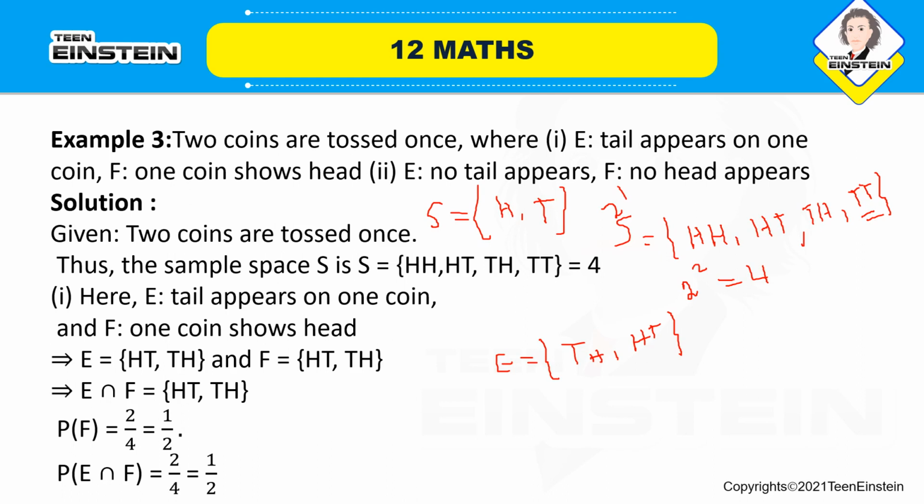Now find P of F. What is P of F? N of F by N of S. N of F, the number of elements in F, is 2. The number of elements in the sample space S is 4: 1, 2, 3, 4. So what you are getting is 1 by 2.